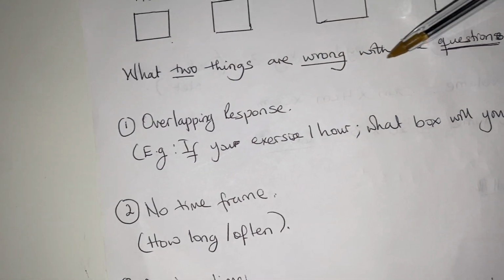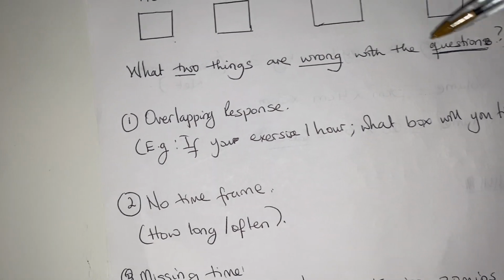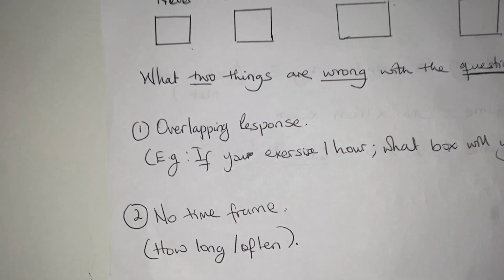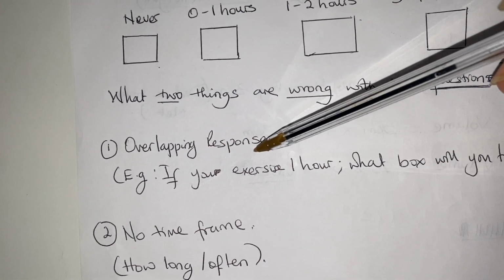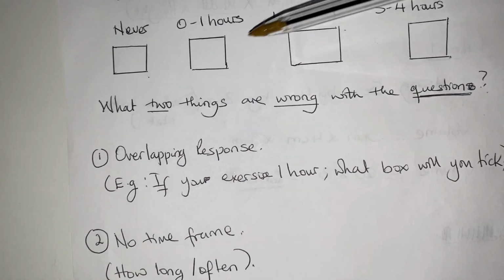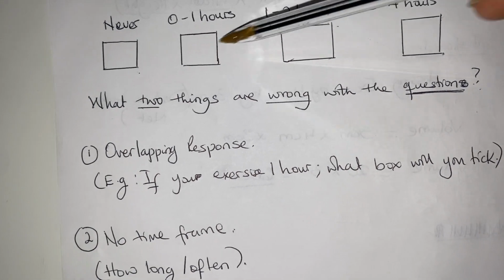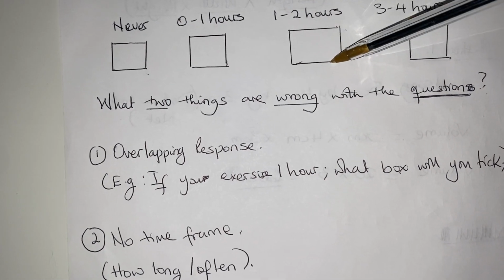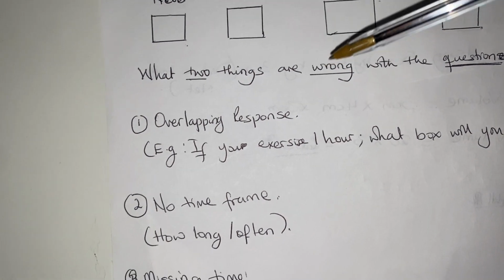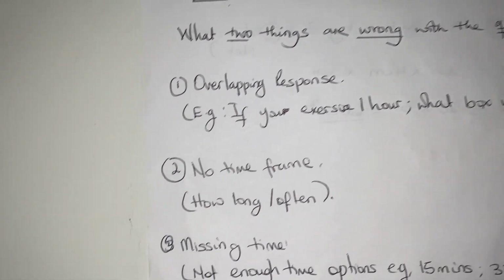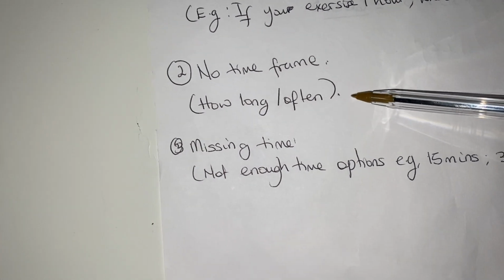What 2 things are wrong with the question? So 2 things, we have to find them. 1, overlapping response. Between that 1 hour, where are you going to put them? There or there? Which box are you going to take? And then there is no time frame.